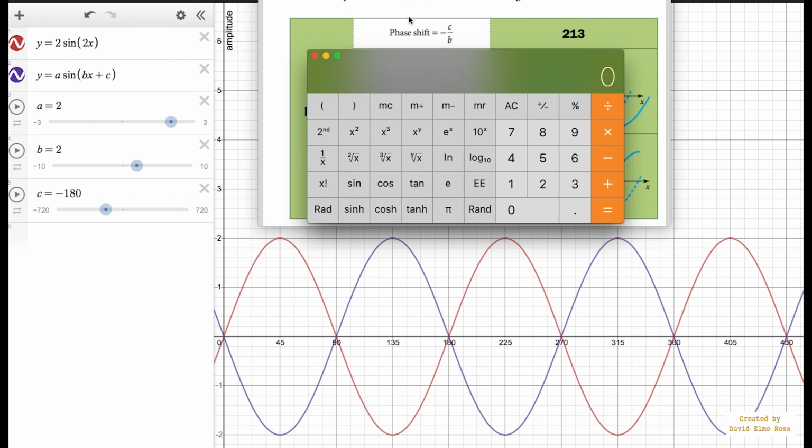So this is minus 180, so it's minus C, so that'll be positive 180 divided by B, which is 2, and that gives us a 90 degrees phase shift. Well, let's see if that's true, because the peak of this wave is at 135, so let's put in 135. And let's subtract where the other wave is at 45. And yes, indeed, we can see that there was a 90-degree phase shift. So as we move this more negative, that makes this wave move more and more to the right.